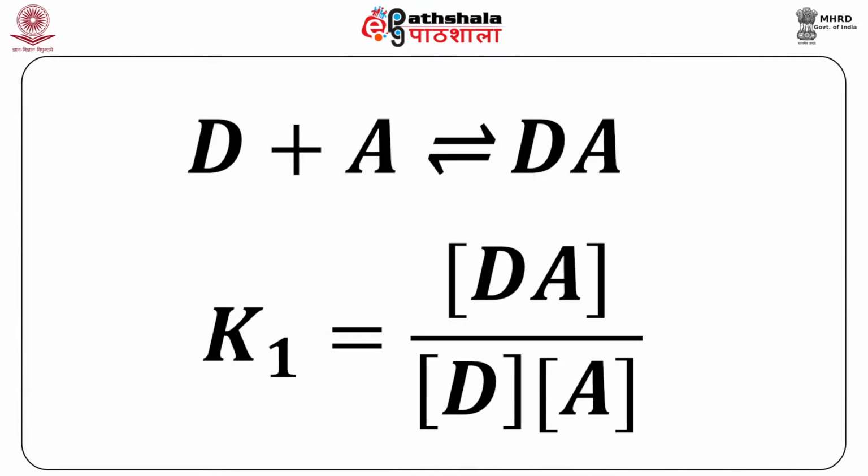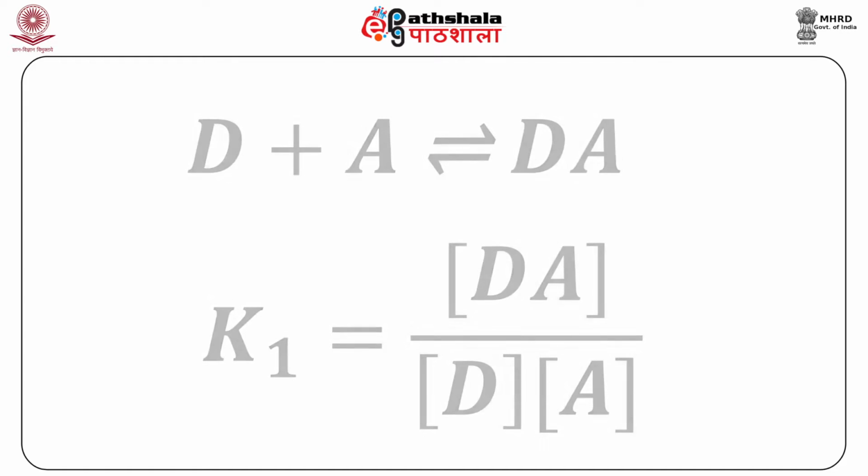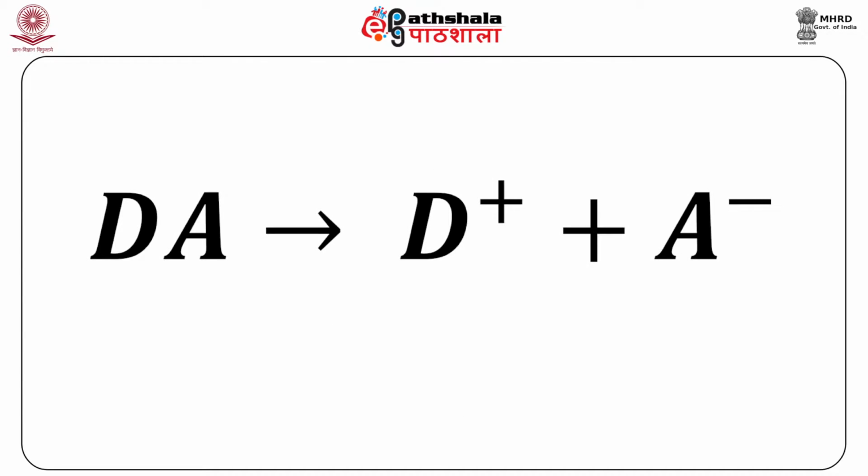Considering that D and A and the complex DA exist in equilibrium with each other, we get the relation for the rate constant K, which is equal to the concentration of complex DA divided by the concentration of D times the concentration of A. The electron transfer occurs in DA to yield D+ and A-.